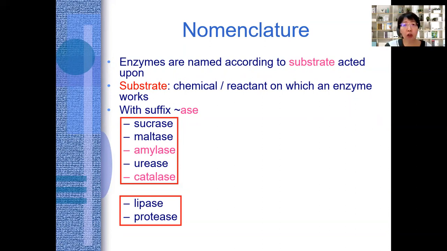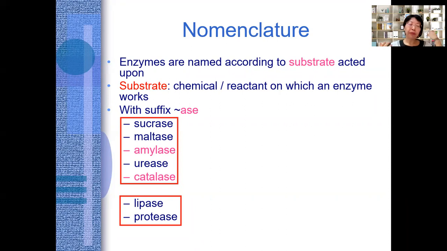Triglycerides, phospholipids, cholesterol, steroids, all of them are lipids, but they have different shapes. Even triglycerides may have different shapes because the fatty acid tails have different lengths, meaning different numbers of carbon, and different numbers of double bonds, isn't it? So definitely the shape is going to be different.